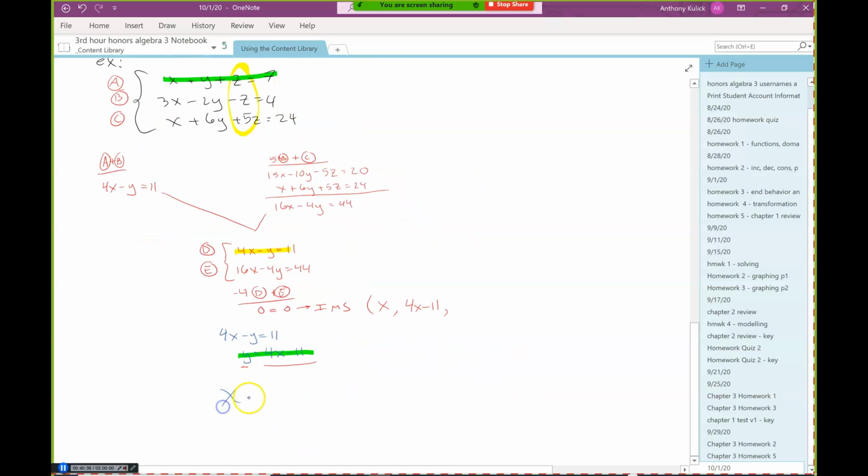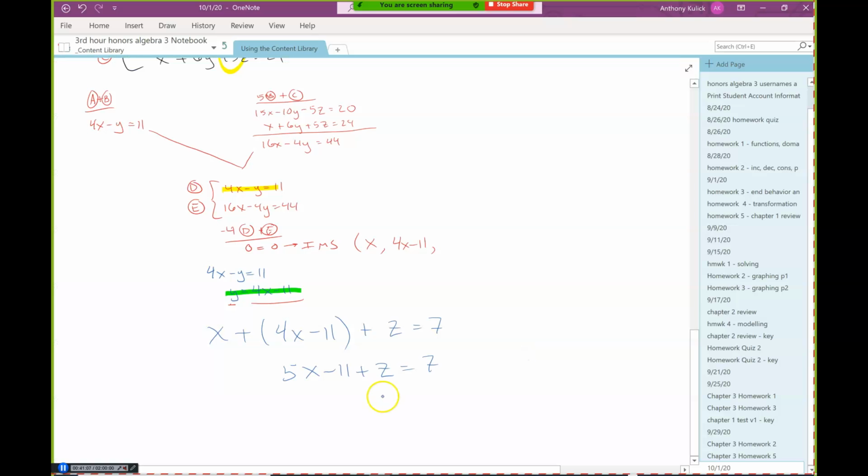So I have x plus, but instead of y, I'm going to write 4x minus 11, and then plus z equals 7. Since there's no coefficient in front of the parenthesis, I can just ignore it. So I have 5x minus 11 plus z is equal to 7.